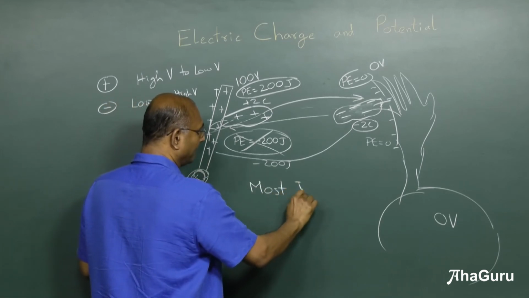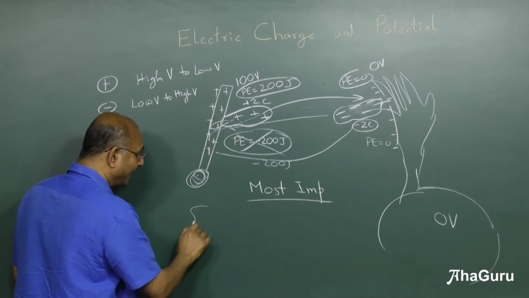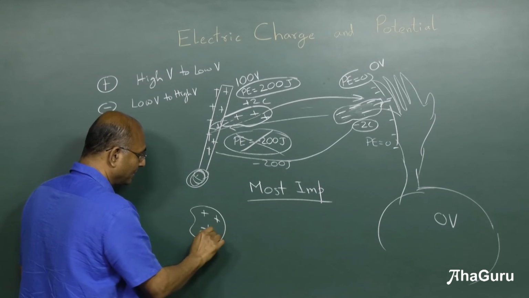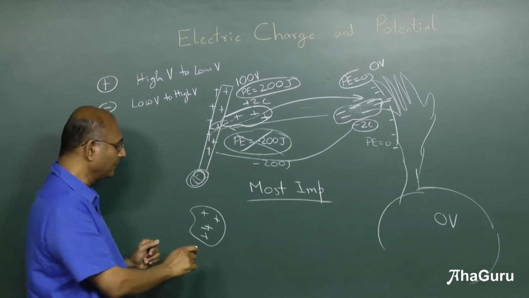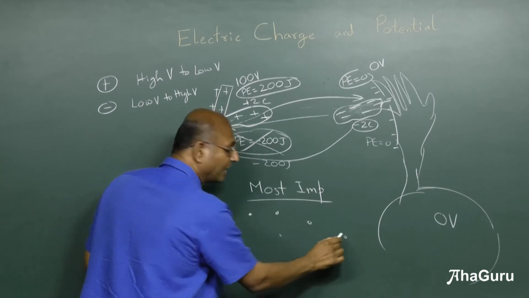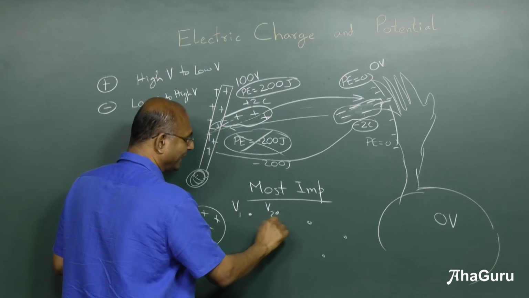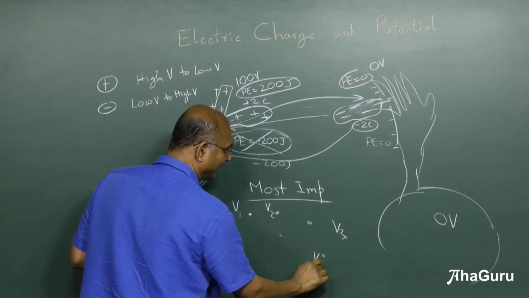The most important idea is, if you had a charged object, then it produces at every location a potential. V1 here, V2 there, V3 there, V4 there.